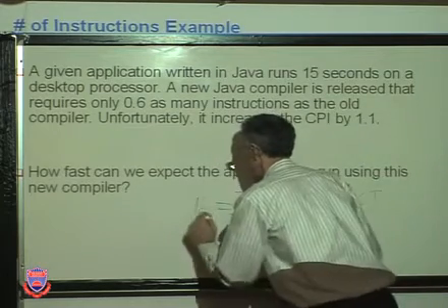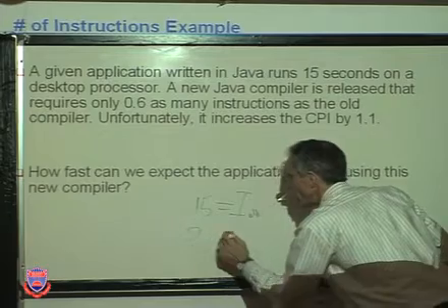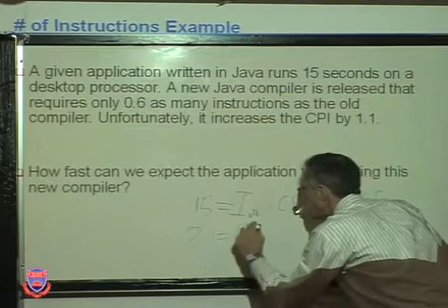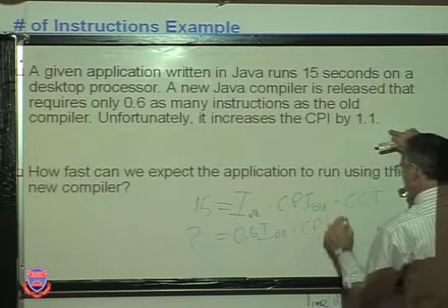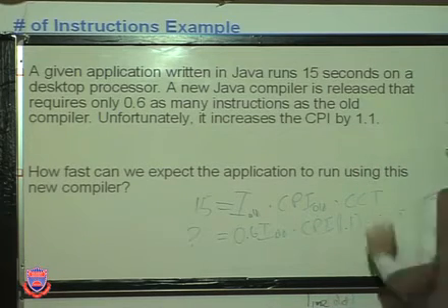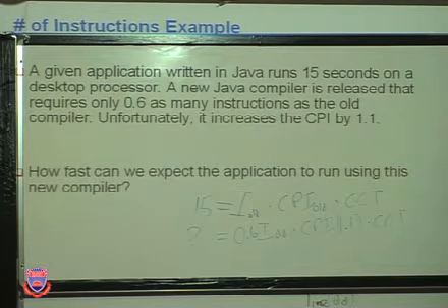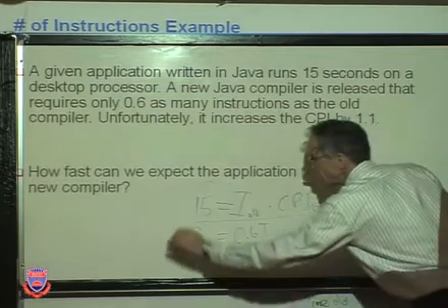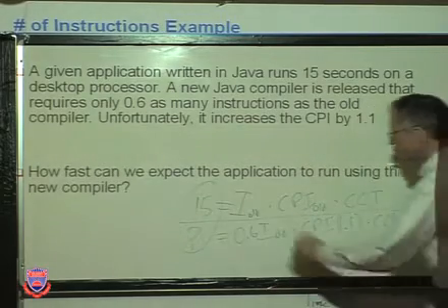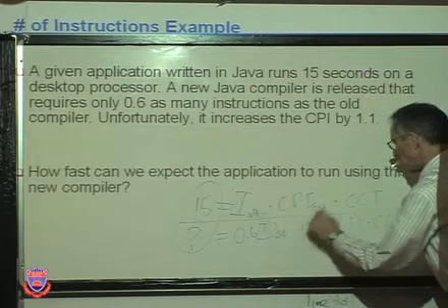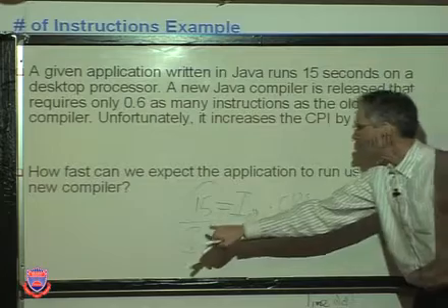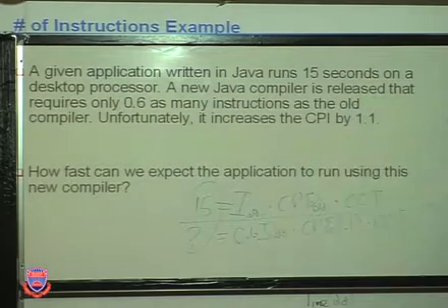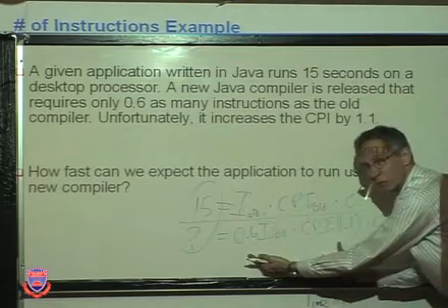Then write, what we don't know is equal to, here we go, 0.6 I old times CPI multiplied by 1.1 multiplied by clock cycle time. Okay, now, watch this. Let's make a ratio. This equals bye-bye, bye-bye, bye-bye. So what do we got? 15 divided by the thing we're looking for is equal to 1 over 0.66.